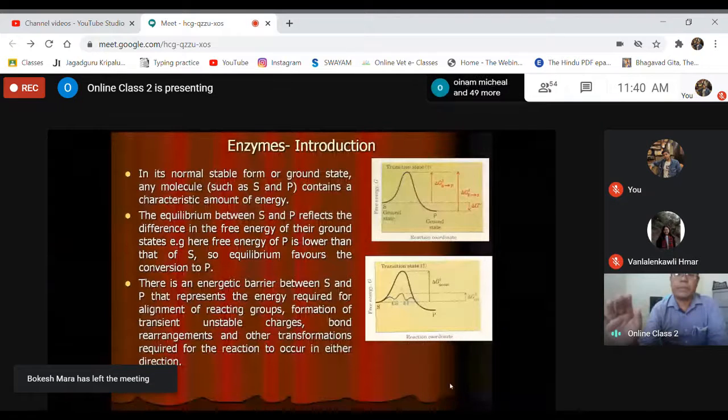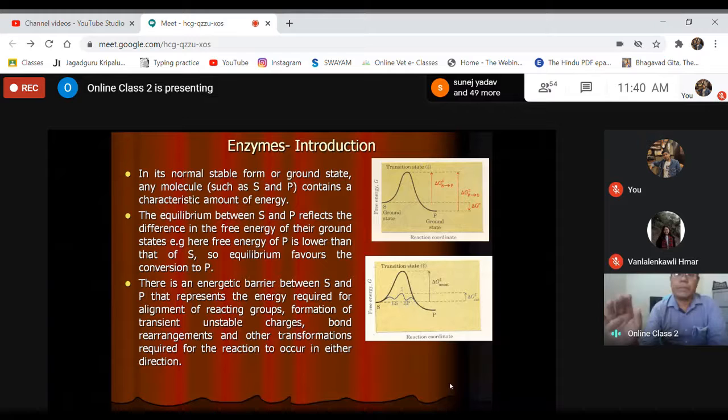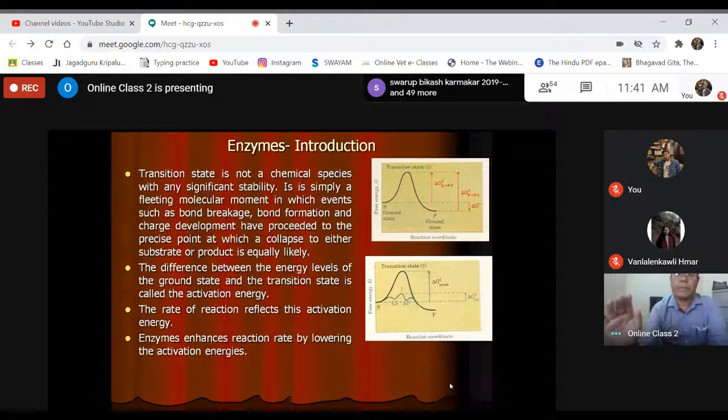Now we know how the enzymes enhance the rate of the reaction. So enzymes enhance the rate of the reaction by decreasing the energy level of the transition state. Transition state is not a chemical species with any significant stability.